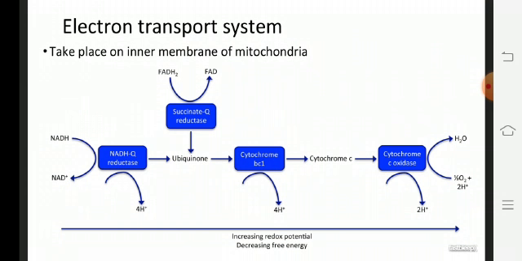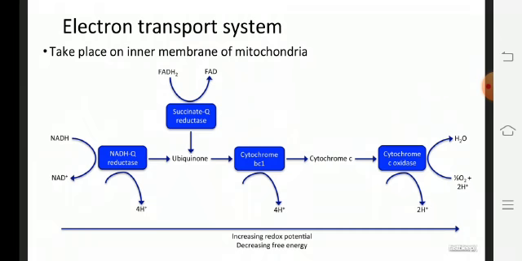Let's understand how this electron transport system takes place in the mitochondria. Here, when one molecule of NADH enters the electron transport system, it liberates a pair of hydrogen which is accepted by FMN.